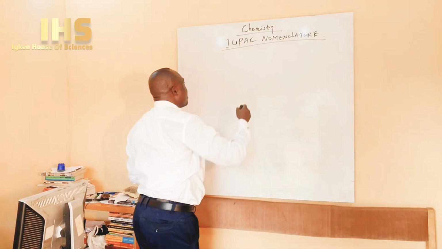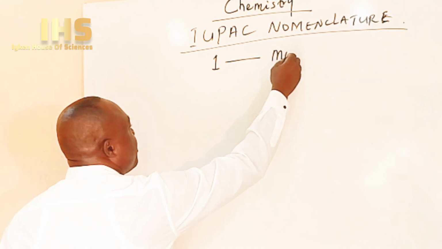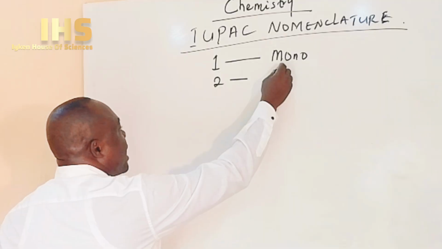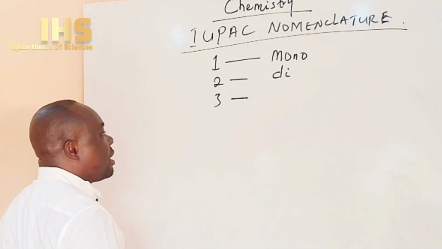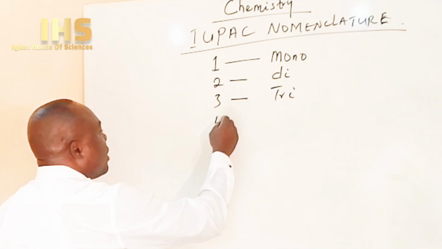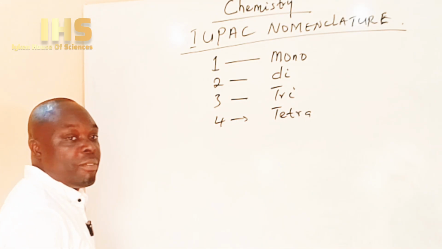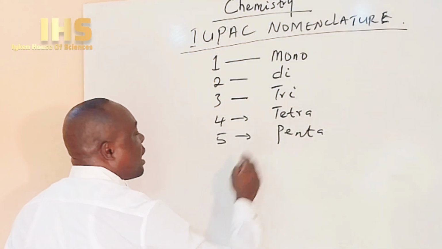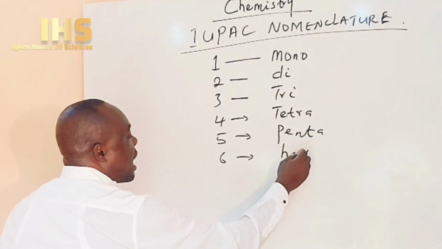In chemistry, one is called mono. Two is di. Three is tri. Four is tetra. Five is penta. Six is hexa.